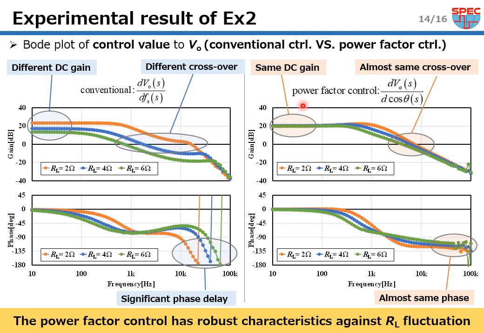And then the right figure shows the result of the power factor control. As can be seen from this figure, the power factor control has almost the same DC gain, crossover frequency, and phase delay for each load condition. In addition, the phase delay is moderate. Therefore, it can be confirmed that the power factor control has robust characteristics against RL fluctuation.